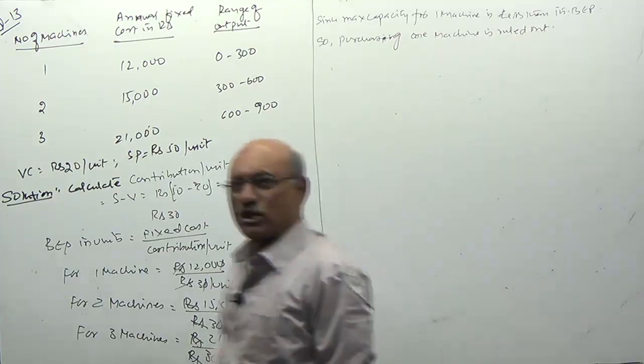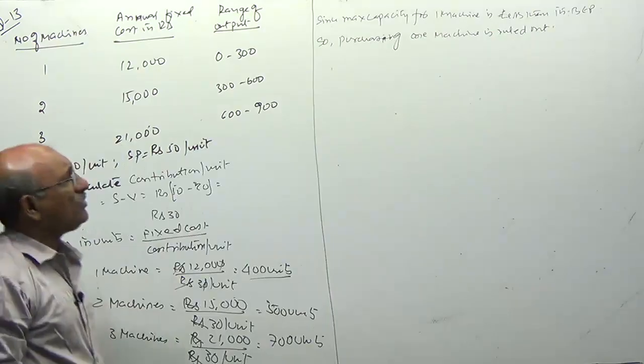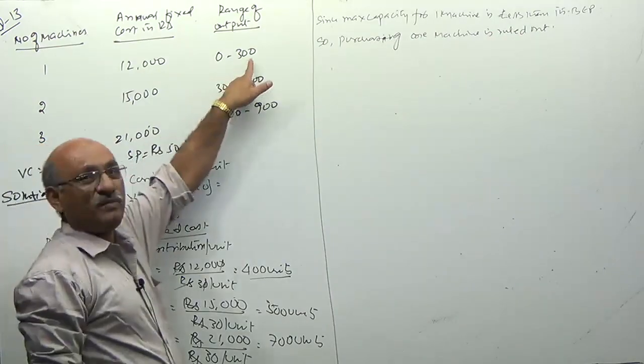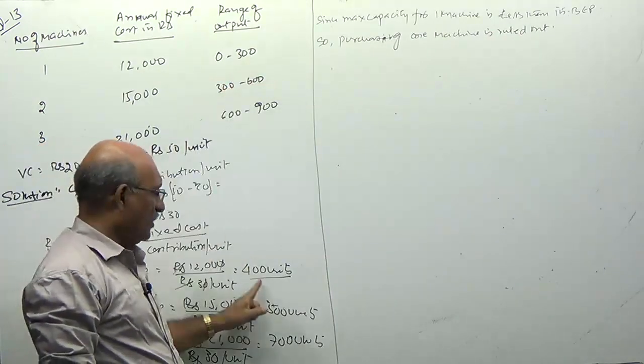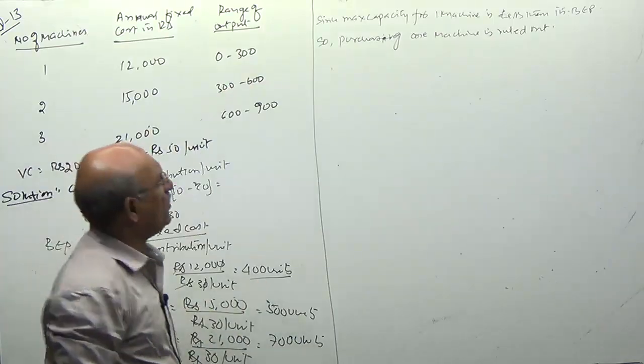We are not at all interested to purchase one machine because maximum capacity of this machine is 300 units, which is 100 units less than the break-even point.